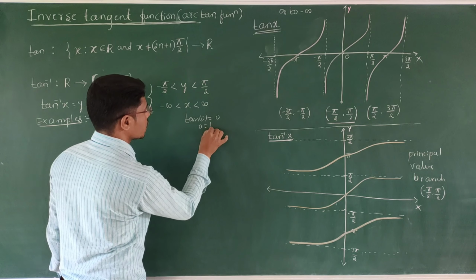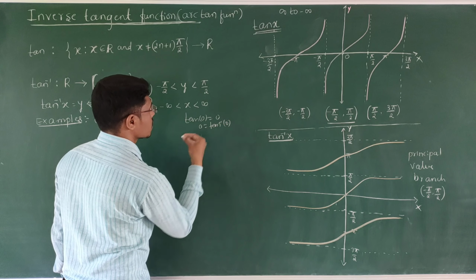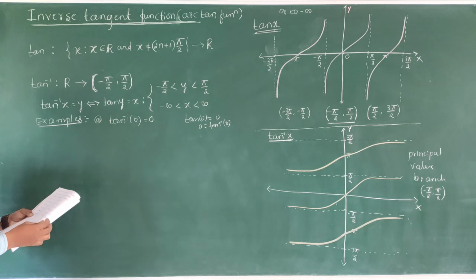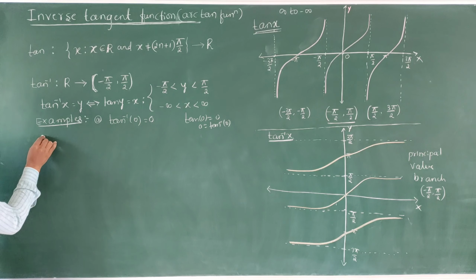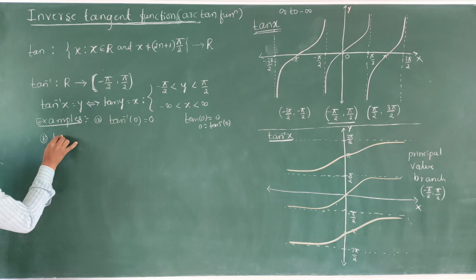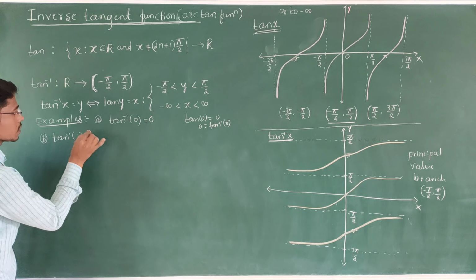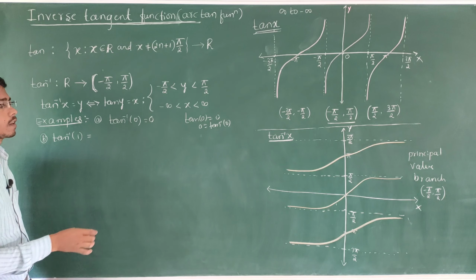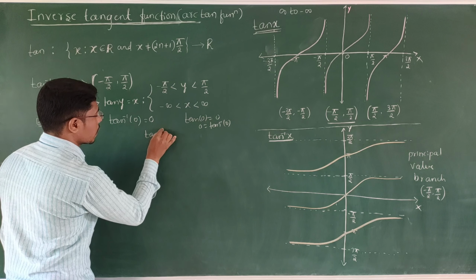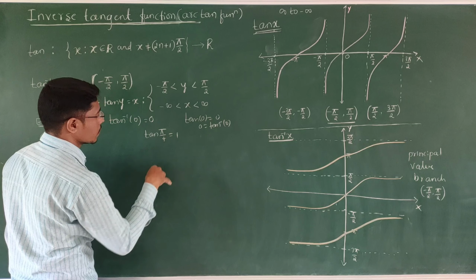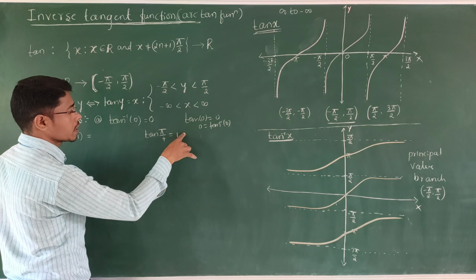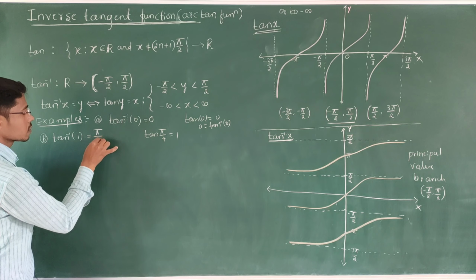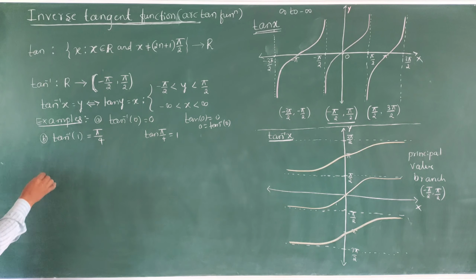So keep 0 here, take tan to this side, tan inverse of 0 is 0. Next, tan inverse of 1. Tan pi by 4 is 1, so if I take tan to this side, tan inverse of 1 is equal to pi divided by 4.